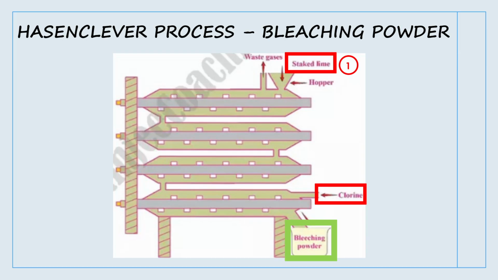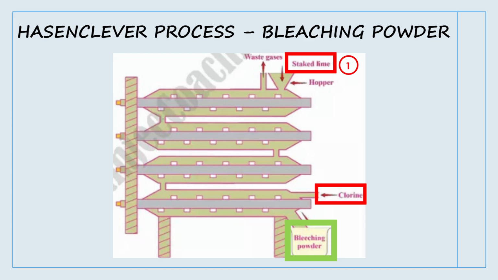Now for the preparation of the bleaching powder by the Hasen Clever process. This is the figure, the diagrammatic representation of the process. I have highlighted the points. You can see that slaked lime, which is the calcium hydroxide, and chlorine gas, these two are the reactants and they react to form the bleaching powder.